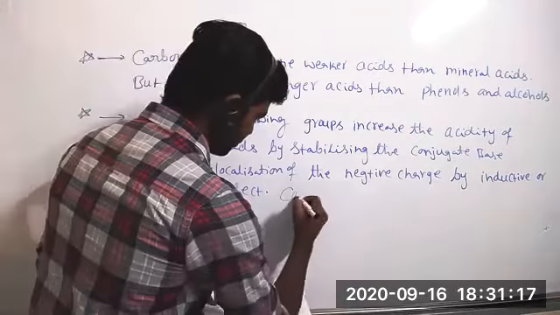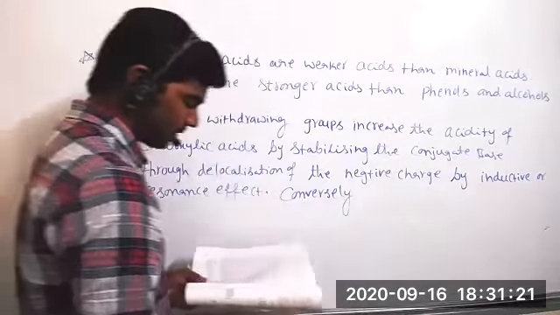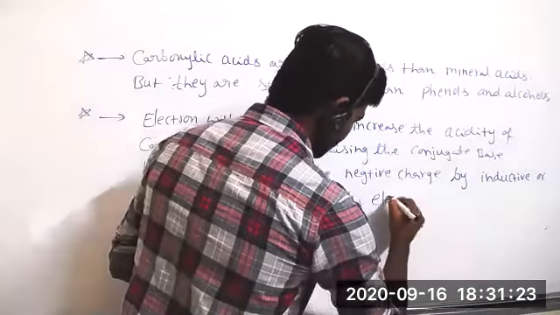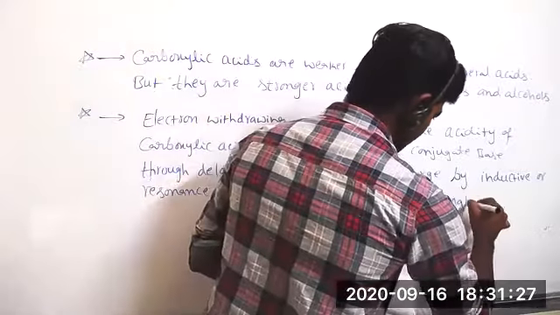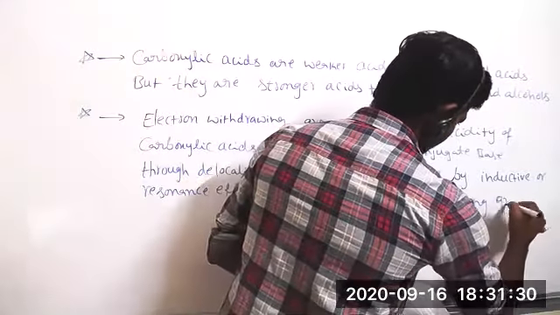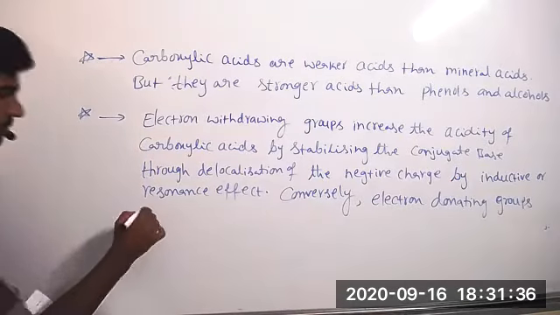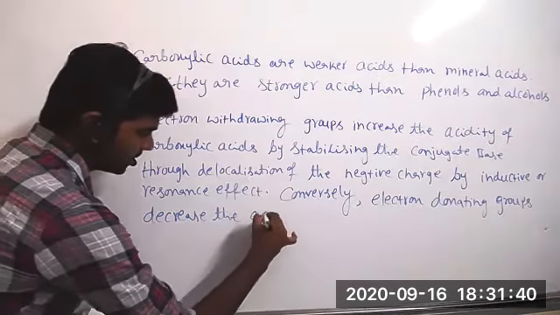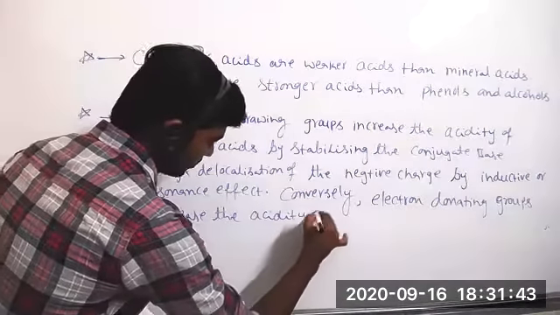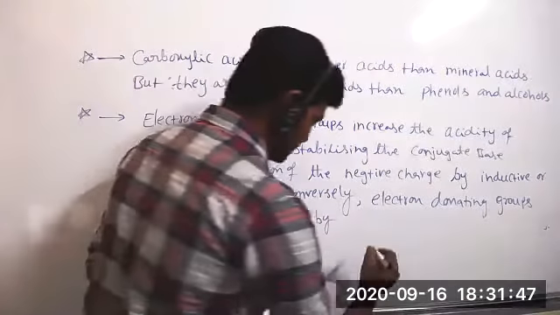Conversely, electron donor groups decrease the acidity by destabilizing the conjugate base.